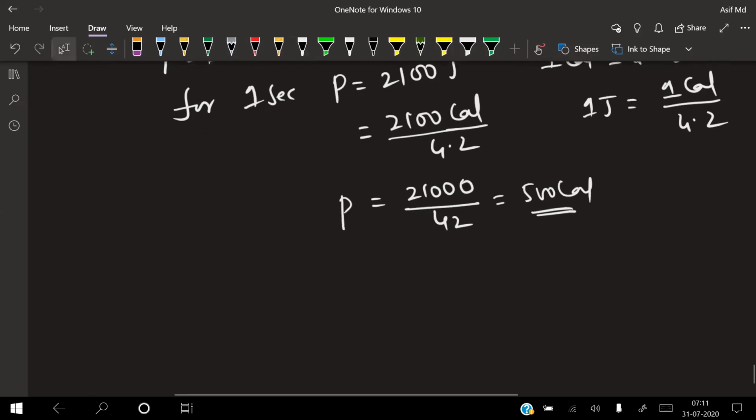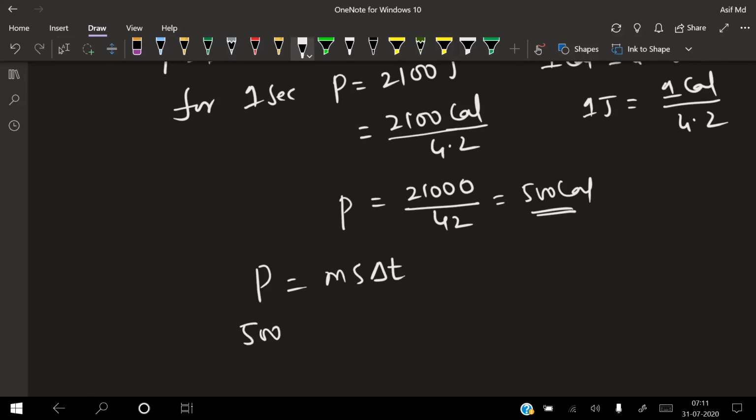That means we got power equal to 500 calories. We know the power formula: power is equal to m s delta T. So 500 calorie is equal to mass 40, specific heat of water 1, into the temperature difference, which I write as delta theta.